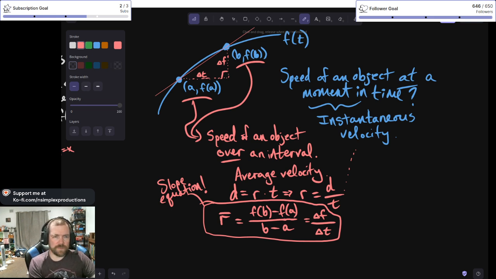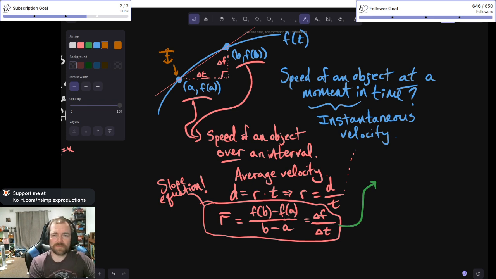So the genius of Newton is to take this and say, okay, it didn't work to just take the average velocity because, again, we're just going to get the same stuff. However, what happens if we take this value here and we anchor it? That's totally an anchor.